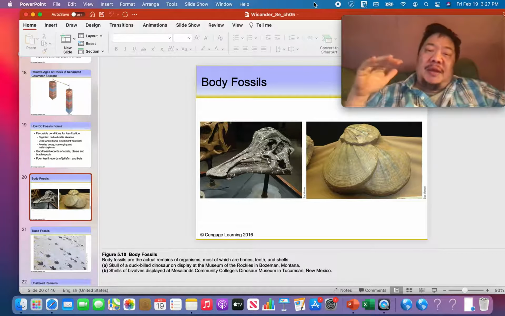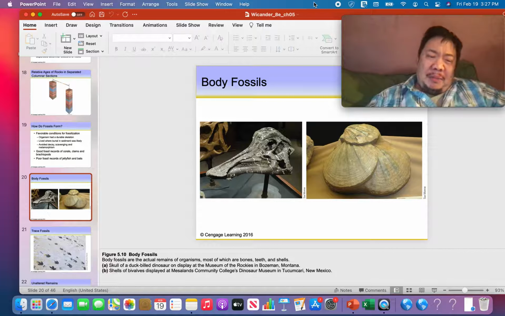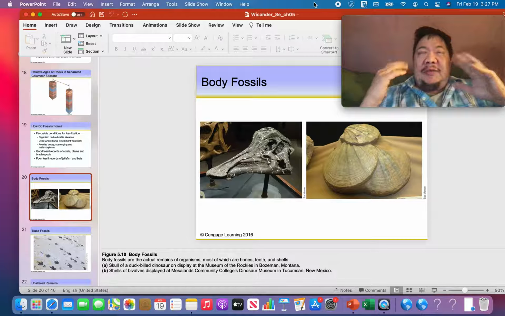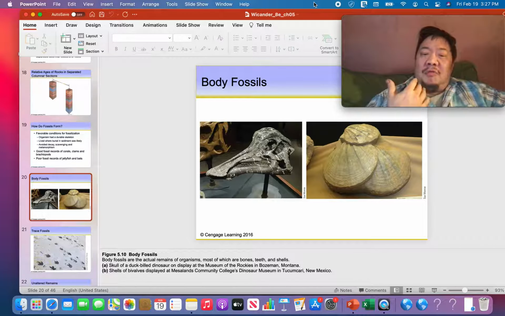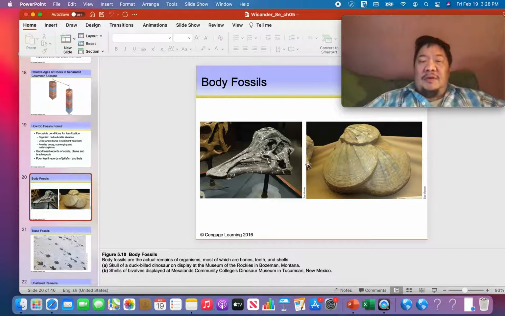The creature has to die, has to have hard body parts, has to be rapidly buried, and then several things can happen. Deep underneath the ground, there's groundwater, and the water could start to replace the bone with minerals, and then you can make a fossil like this. So if you're looking at these fossils here, this is not actual bone. The bone cells have been replaced by minerals.